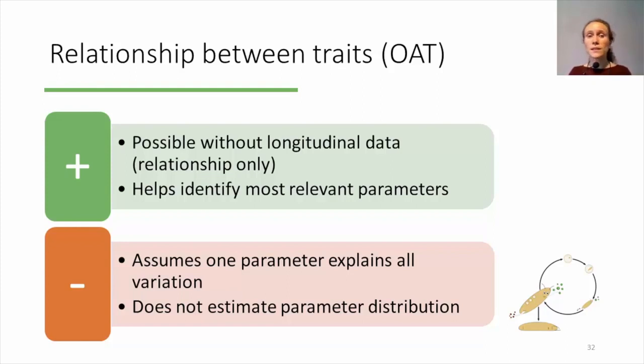However, again, it assumes that only one parameter explains all variation. It's again a one-at-a-time approach. And it does not really estimate the parameter distribution. So we just know which parameter is most likely to vary, but we don't know what its values are within one population.